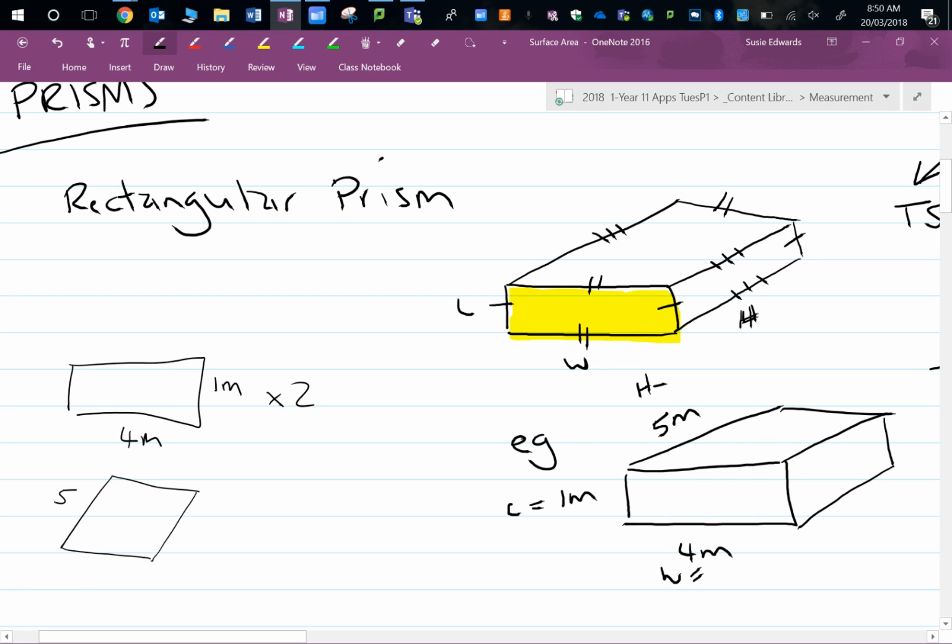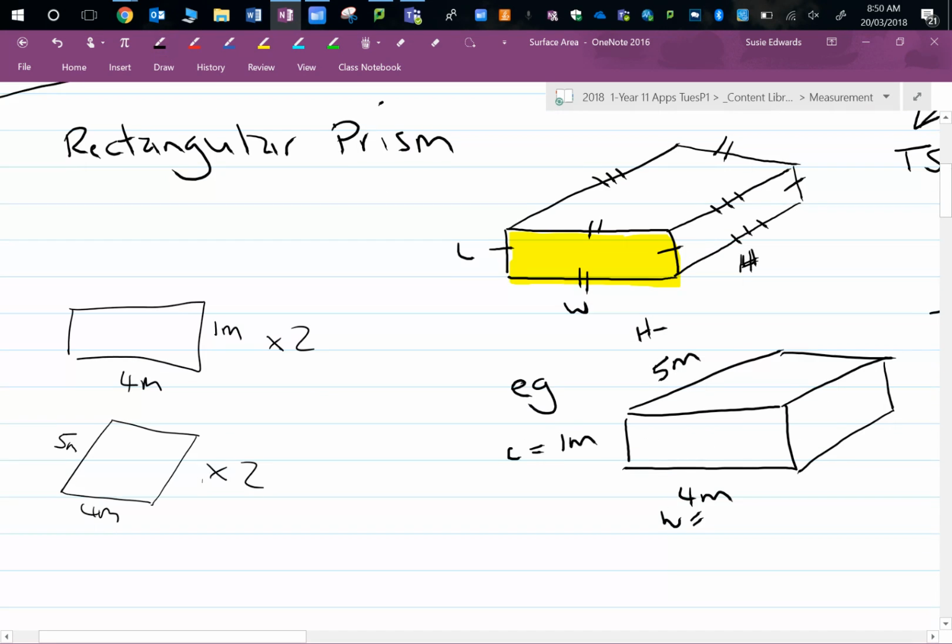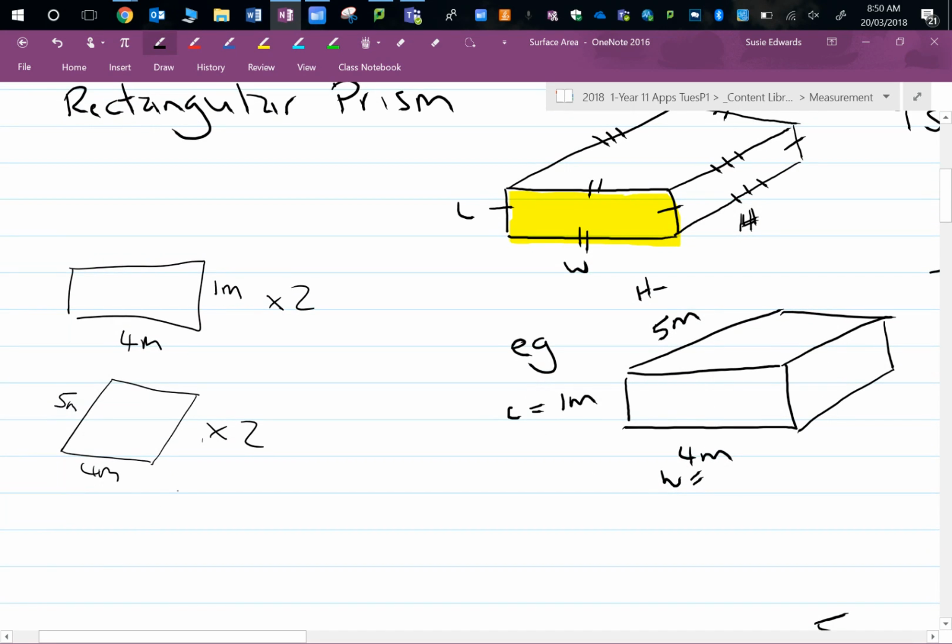It's 5 metres by 4 metres, and we're going to have to get 2 of them. And then the last one of those sides, which is 1 metre by 5 metres, and we're going to have to times that by 2. And we need to add them all together. Does that make sense to everybody? So we've got 6 sides, so we have to find the 6 different rectangles.